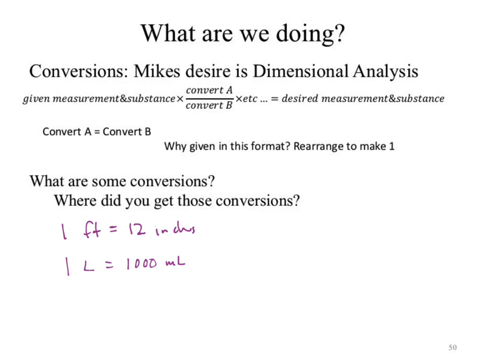Nothing else? Wasn't there a conversion factor that you were told to memorize? Okay. 1 mole equals 6.022 times 10 to the 23rd items.